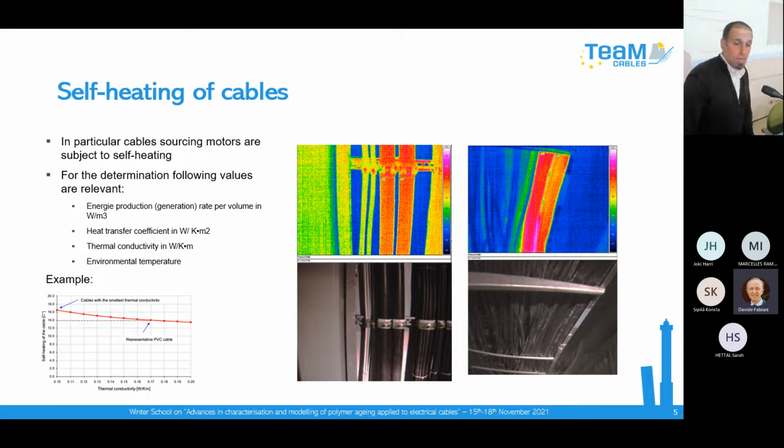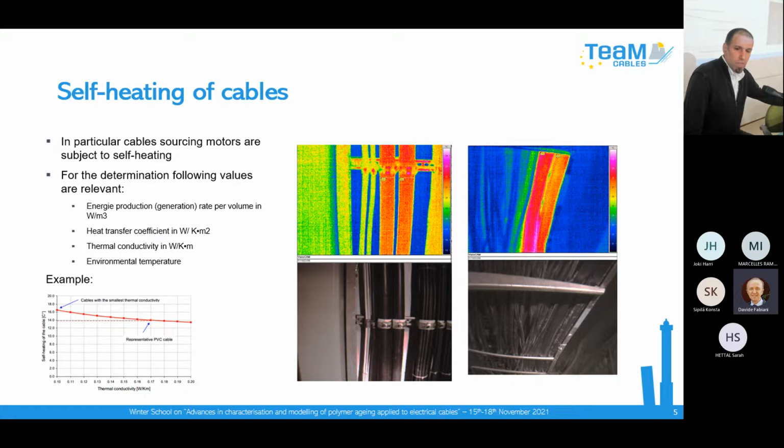And in case of electric cables, we have to check if the motor, mostly a motor is at the end, is operated continuously or not. If not, you have no self-heating of the cable, nothing manageable, only for maintenance activities.